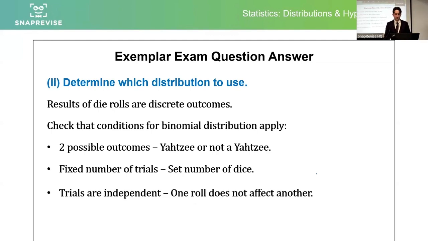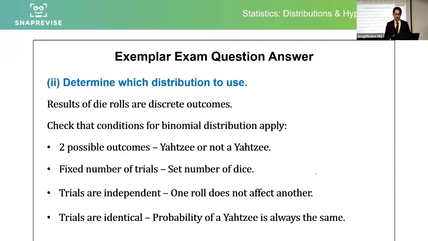Now, it is a fixed number of trials, and they are independent, and the chance of a Yahtzee is always the same. So we are actually establishing a binomial distribution here that just directly comes off the back of what we just did. Okay, so we're creating a binomial within question 2.